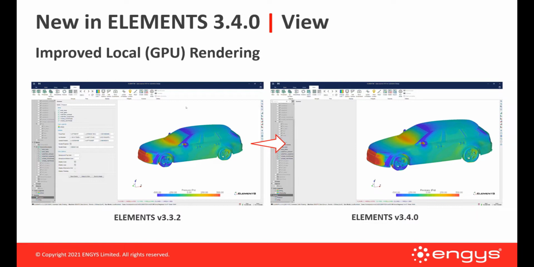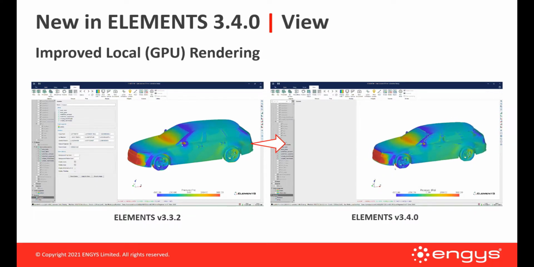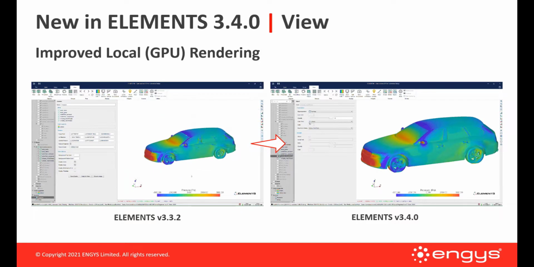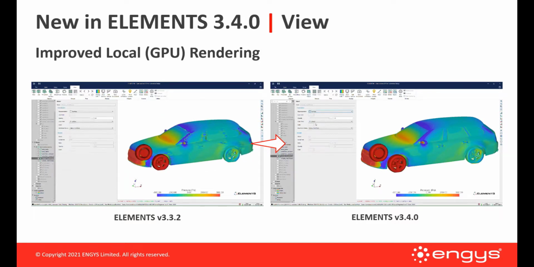And this is used when we connect to a remote server using the client provided in the graphical user interface. What we can see in the example here is that with the new improvements that we have introduced in local GPU rendering, we can take the visualization data from the remote server and bring it locally to the client in order to use the local graphics card to render the display.